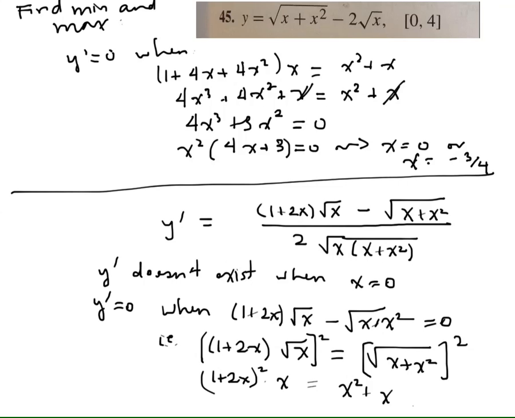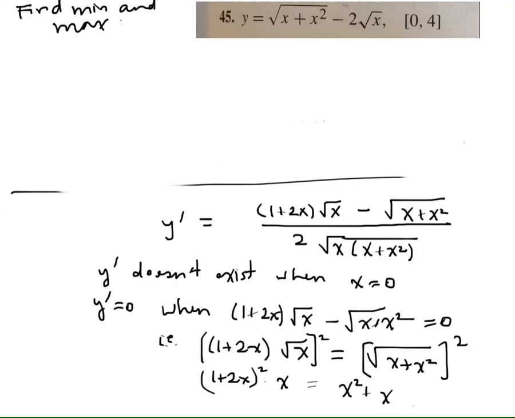In any case, 0 is a critical point. Something wacky is going on with the derivative. It doesn't exist. But we also have this other critical point, negative 3/4, where the derivative is equal to 0. The denominator is not 0, but the numerator is.